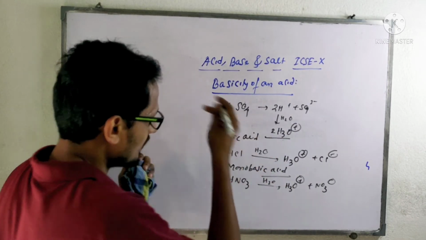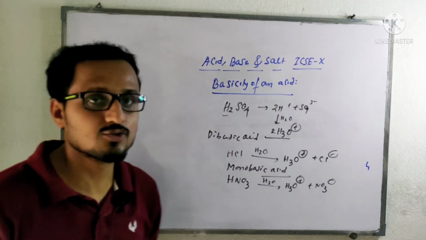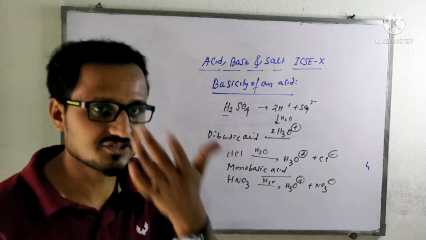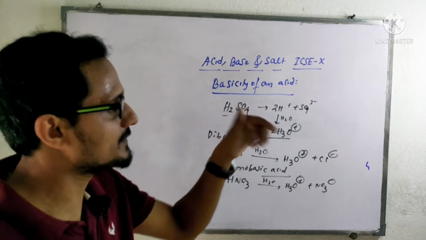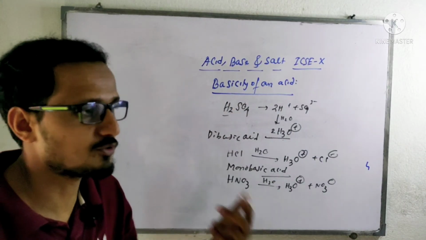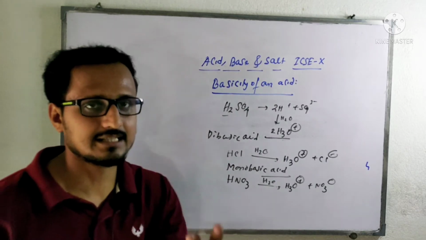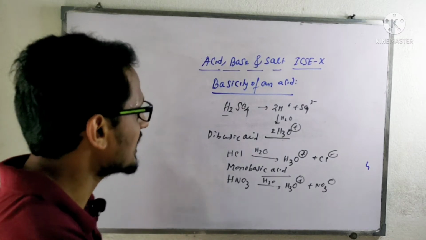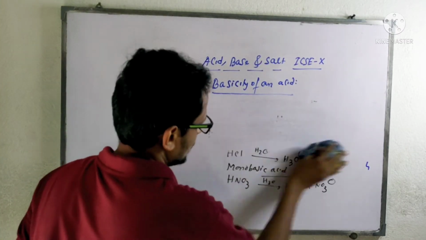So H2SO4 is called a dibasic acid. We have to say it according to H3O+, which is exact, but as a trick you can say that as 2 hydrogens are there, it is a dibasic acid. But whenever you write the definition, you have to write that 2H3O+ are formed, so it is a dibasic acid.